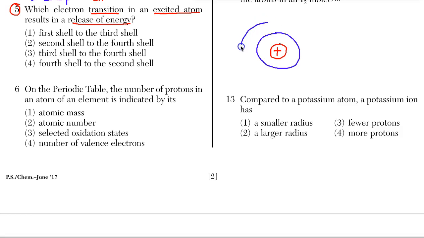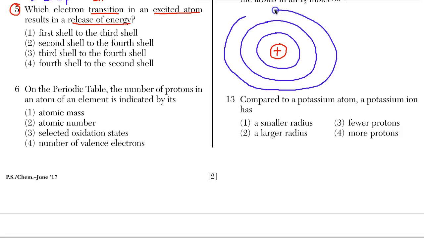Now I know electrons do not go in these circular orbits, but we can think of these as shells, and we can use this as an analogy. This would be the first, the second, and the third, and we'll put in the fourth shell. We're going to pretend that shells are circular orbits. We can do that because it's based on proximity, how far away from the nucleus we are.